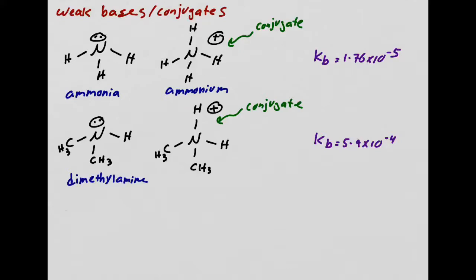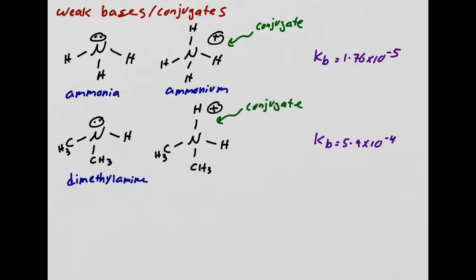So when you look at these two, these are the conjugates of the weak bases. Now they don't have a minus charge anymore. They don't have a lone pair anymore. They don't have an extra electron anymore. What does that mean? If they don't have any extra electron anymore, can they act like a base? They can't. But now they have extra hydrogens, don't they?